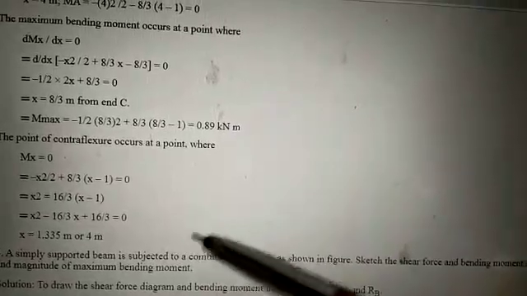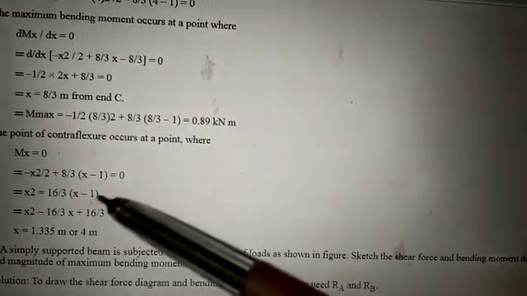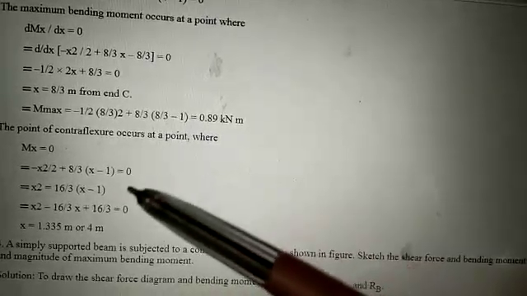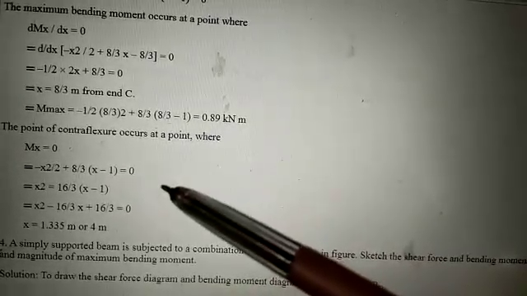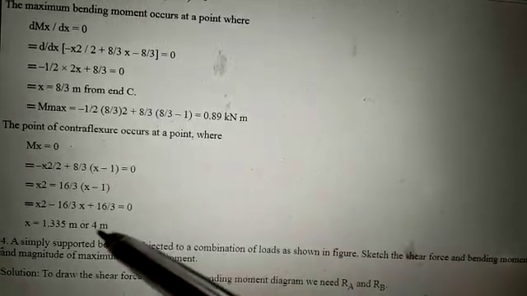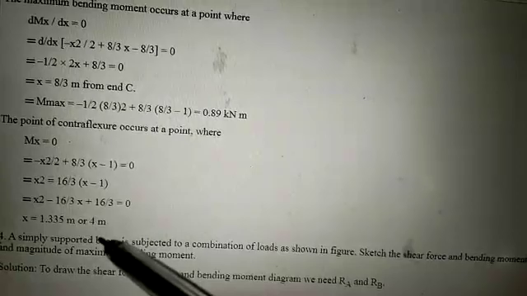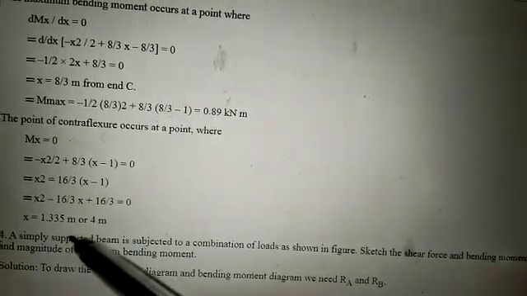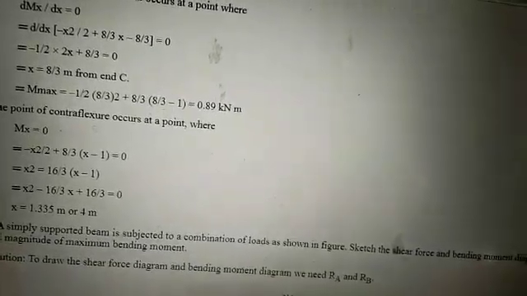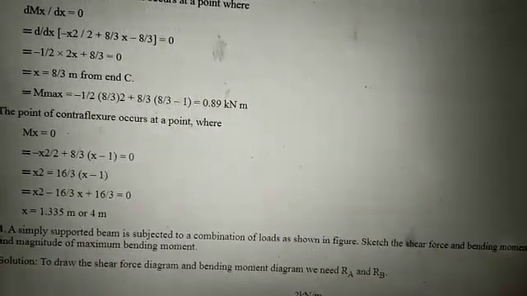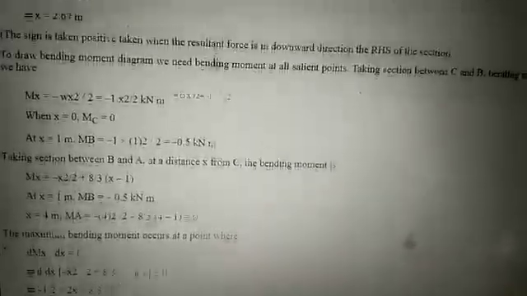We already have an equation of Mx, which is minus x square by 2 plus 8 by 3 into x minus 1, and this will be equated to 0. When we equate it to 0, we obtain a quadratic equation. We will find the value of this, which comes out to be 1.33 meter or 4 meters. So we obtain two values of x where we can obtain the point of contraflexure.